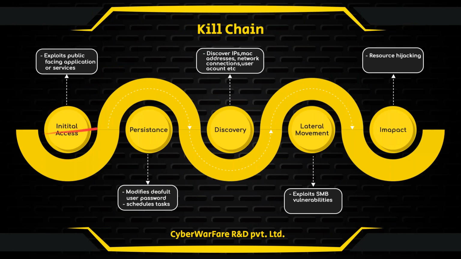This is the basic kill chain. It has many attack vectors, but here we have simply depicted the important attack vectors that it is using. For the initial access, we identified that it is exploiting public facing applications or services.